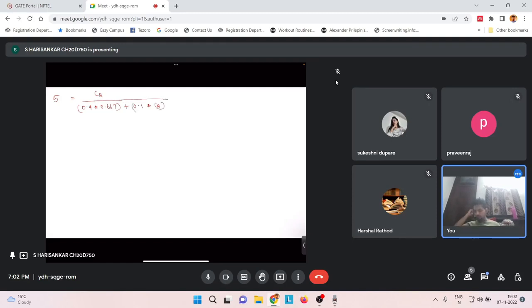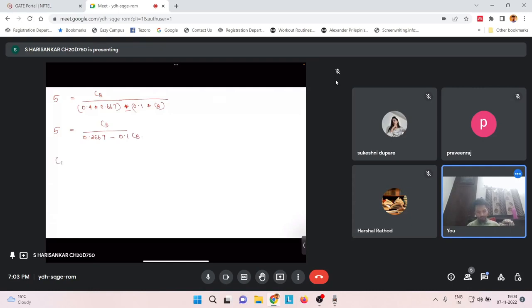So now if we solve this equation to find the unknown Cb, 5 is equal to Cb by 0.2667, sorry, it's a minus here, minus 0.1 Cb.